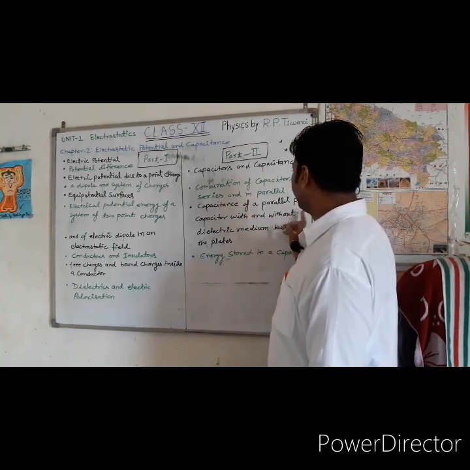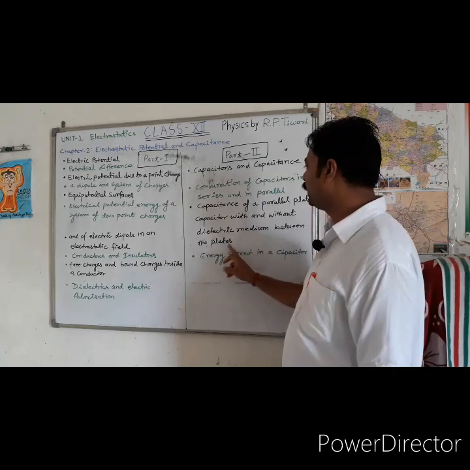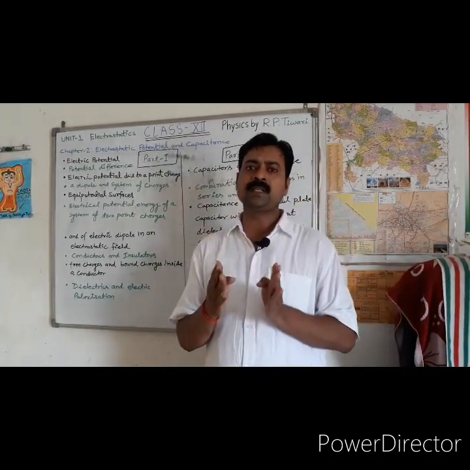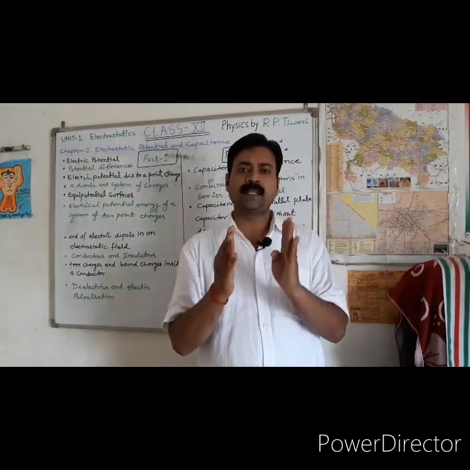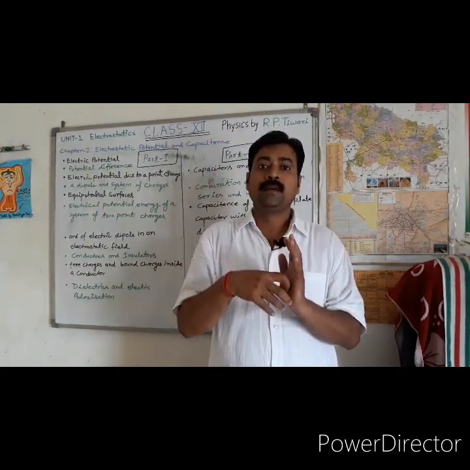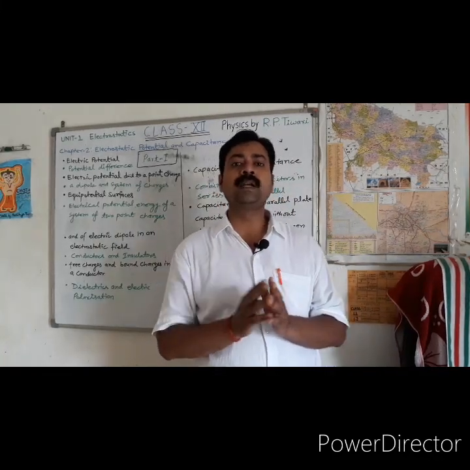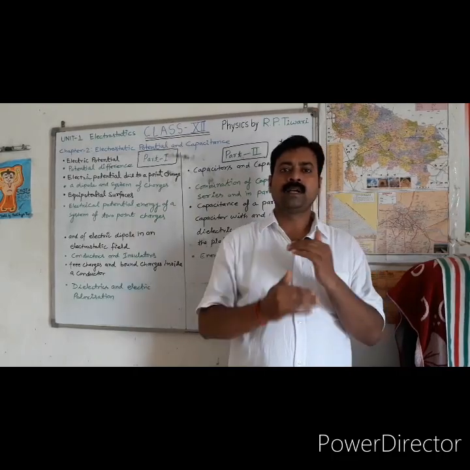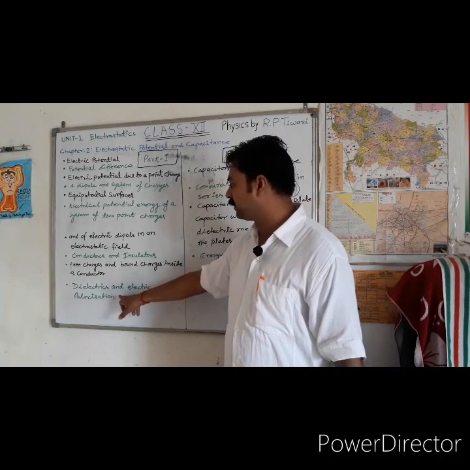Capacitance of a parallel plate capacitor with and without a dielectric medium between the plates. In the case of a capacitor, there are two parallel plates, and the space between them is filled with a material that is an insulating material, but it has the property that when we apply voltage, it develops a charge on the surface, and that material is known as a dielectric.